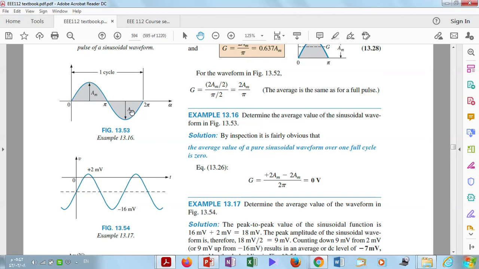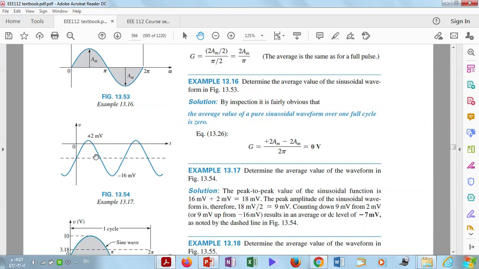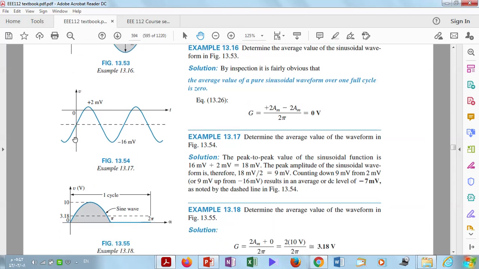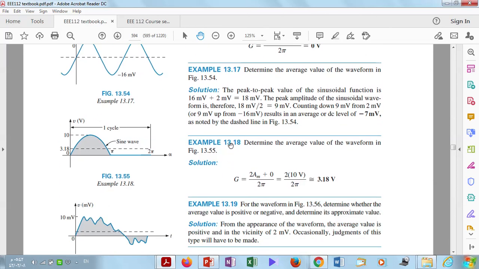But if the waveform is shifted up or down by any value, we will have a value either plus or minus depending on the shift up or down. Okay, this is example 13.7. And example 13.8 is similar to sine from 0 to pi and 0 until 2 pi.